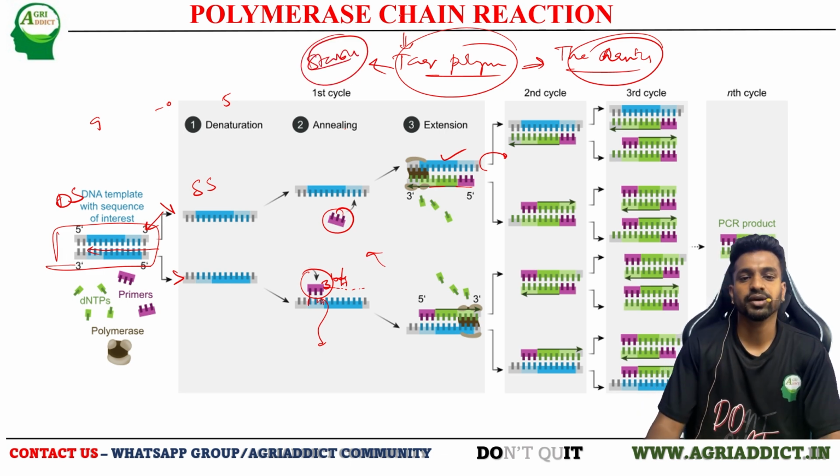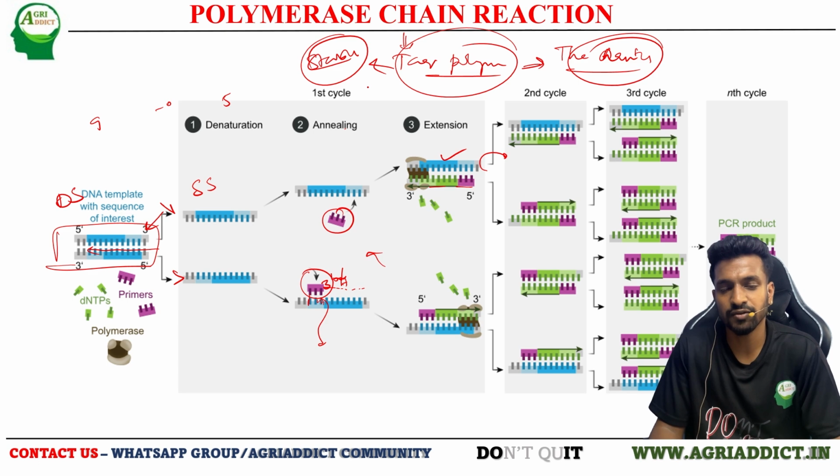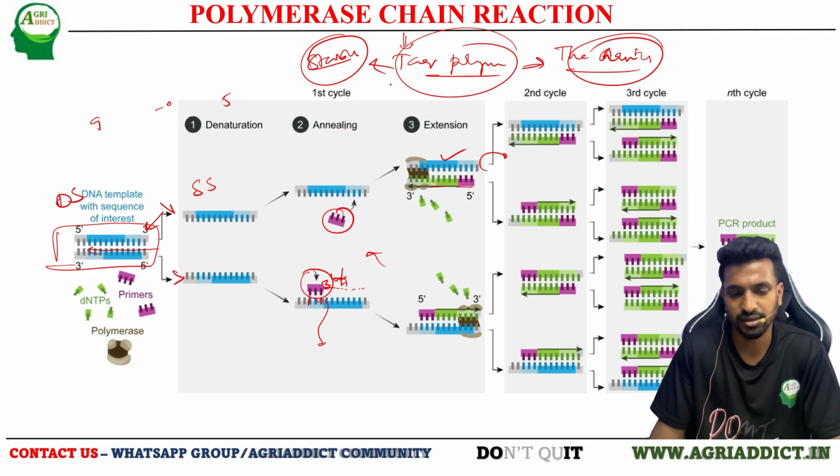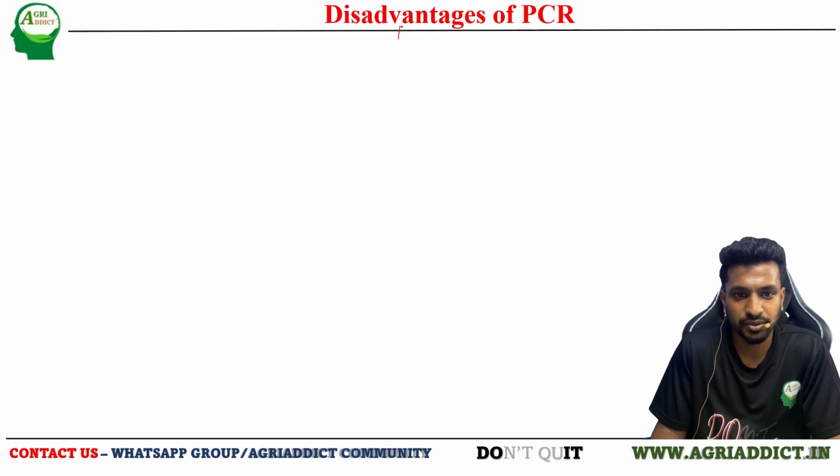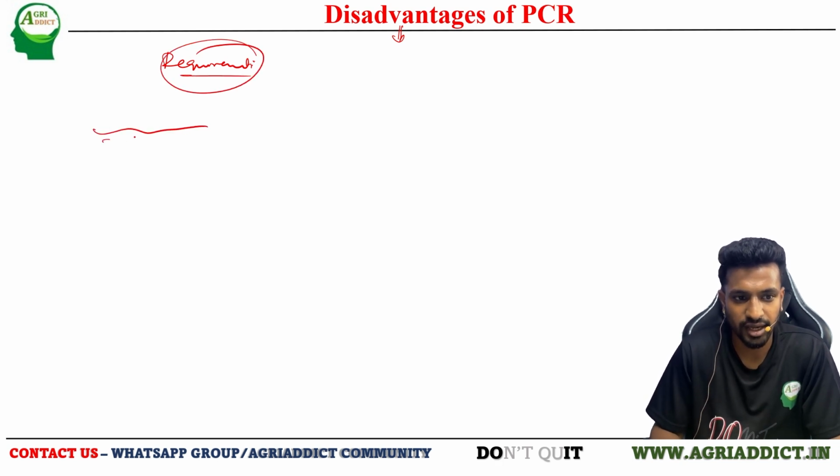This Taq polymerase is usually used in the polymerase chain reaction, the PCR. So what do you have to know about the PCR? First of all, we'll talk about the requirements and then we'll talk about the disadvantages. If I have a stretch of DNA and I have to go for PCR, what are the requirements?